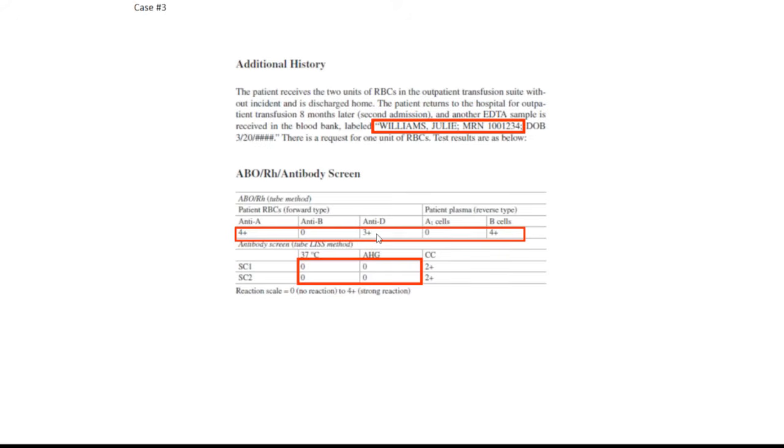So this, again, matches what we had seen previously. And this is an A positive patient. So the ABO type matches up with the historical type, even though the patient's name has changed. And the antibody screen, again, is negative.